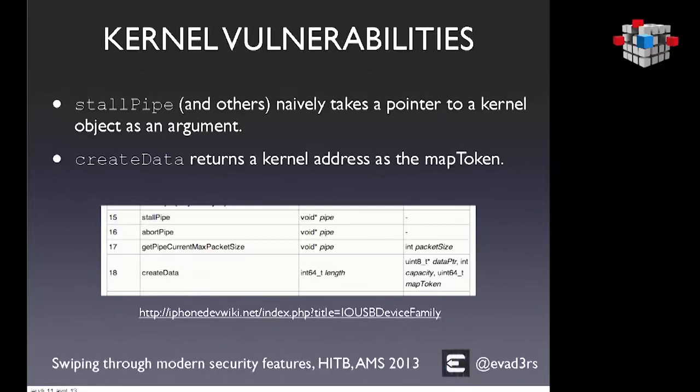Now, most of these libraries, you can get the source as open source on Apple's website. This is not one of them, so we had to reverse engineer the kernel extensions that implemented this. And these are serious.